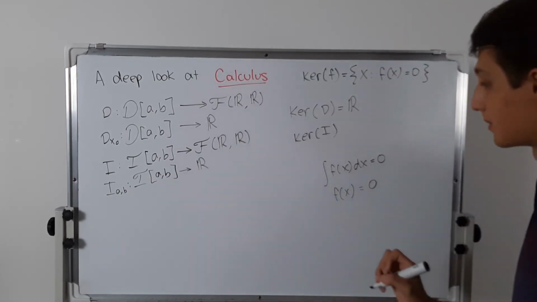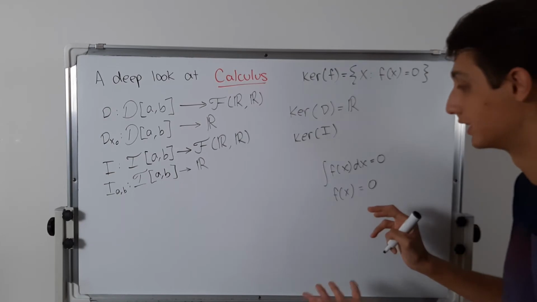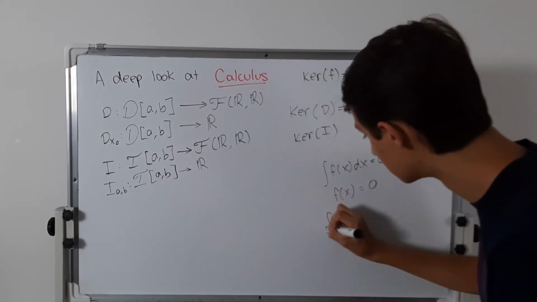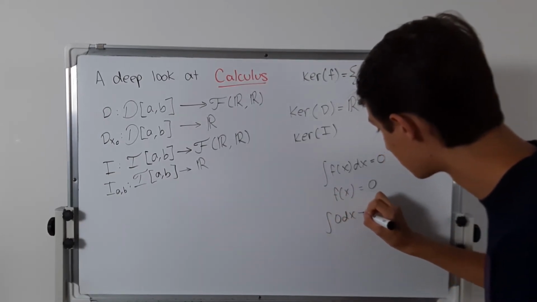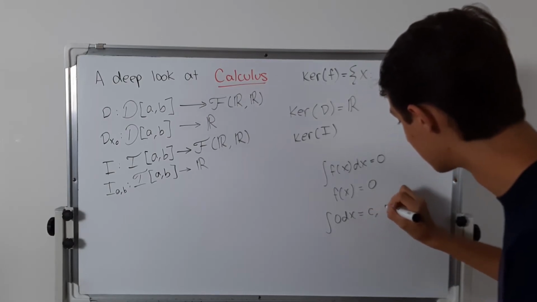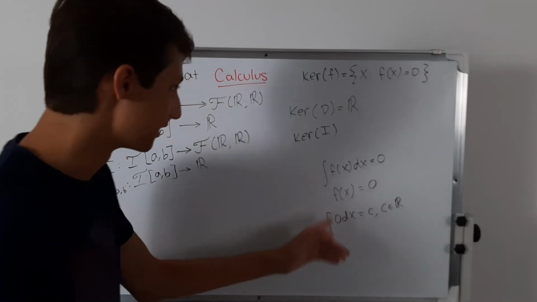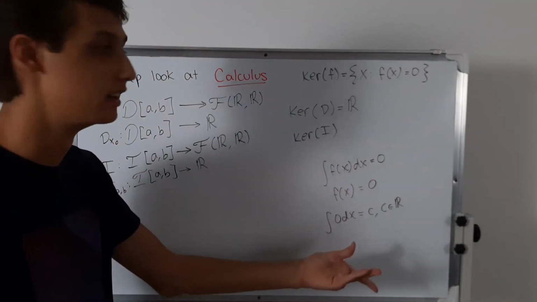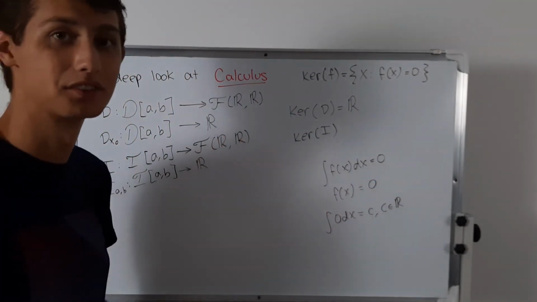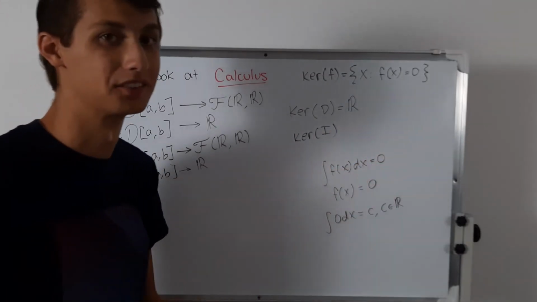Okay, let's just plug that back in, because that seems to be our only answer, but let's just make sure. So the integral of 0 dx, well, remember, we just said that was c, where c is just a real number. And so we don't actually get 0, we get a constant.